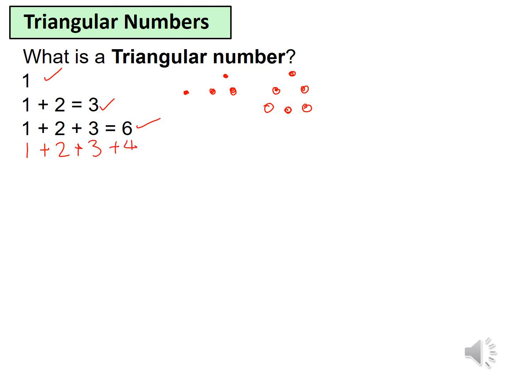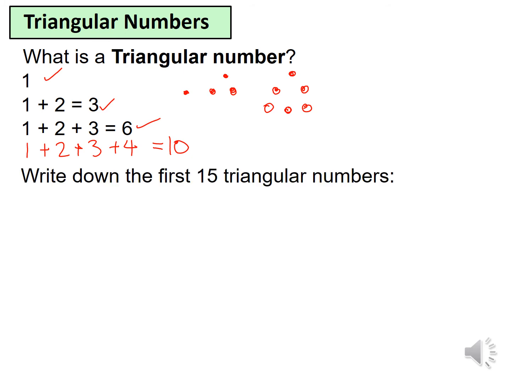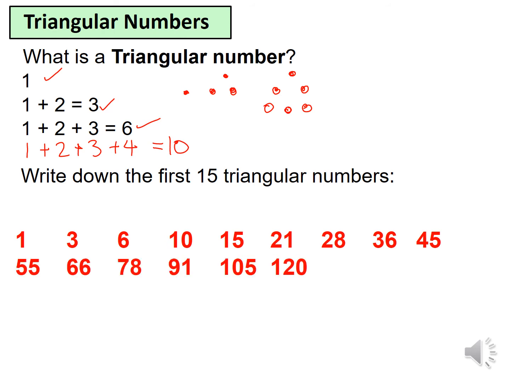What will I add next? We will add 4. So 1 plus 2 plus 3 already gives me 6. Add 4 will be 10. So what I would like you to do now is write down the first 15 triangular numbers. The first 4 are given to you. Okay, these are your answers for this sequence.